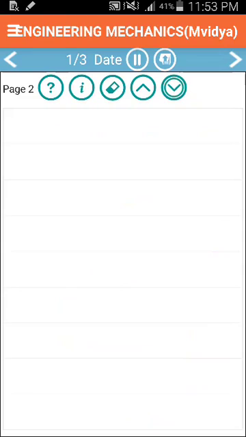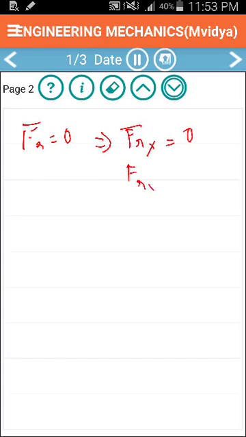Since the resultant is 0, if I add all of these, I'll get my FR bar is 0, which implies my x component is 0 and the y component of the resultant is also 0.